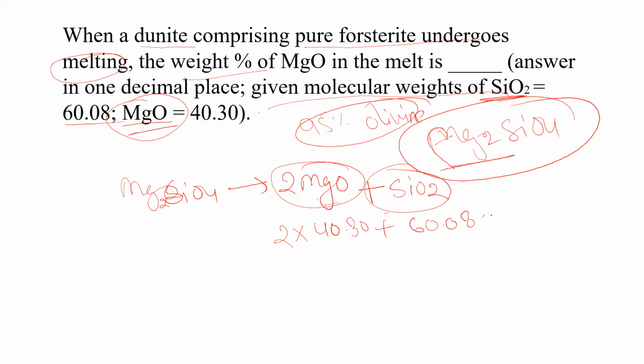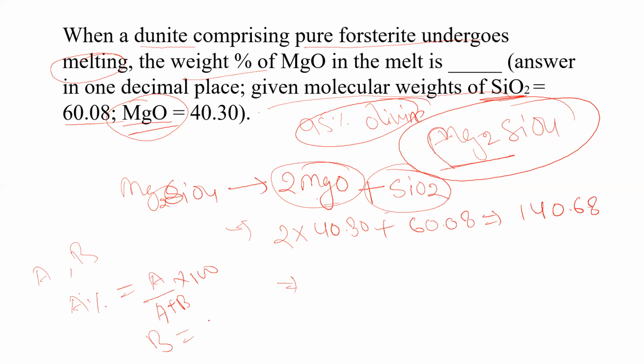We sum it, which is 140.68. Now whichever you want to calculate, you look at that one. Let's suppose there are two things, A and B, and if you want to calculate the weight percentage or mole percentage of A, it will be A by A plus B into 100 always.